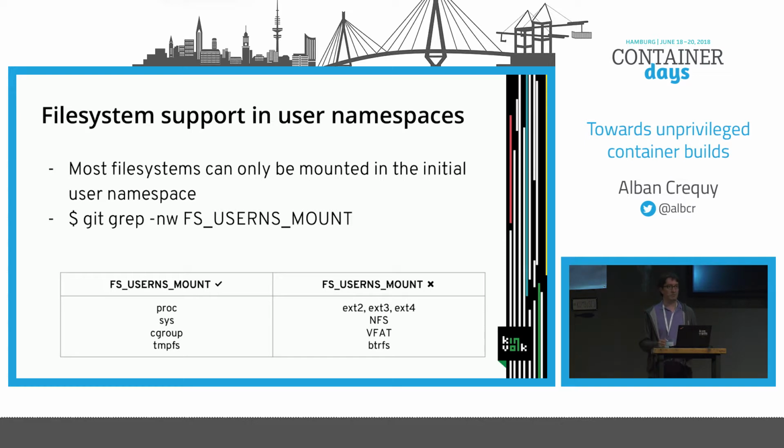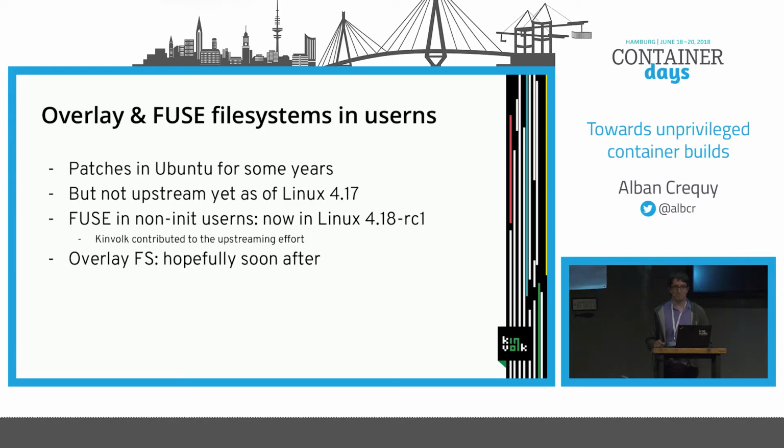So if I go back to overlayfs, in the upstream kernel, this is currently not supported. You can only mount overlayfs in the initial user namespace and not in a new one. There are patches for doing that in Ubuntu. And they did the work for making it work for overlay and FUSE for a few years now.